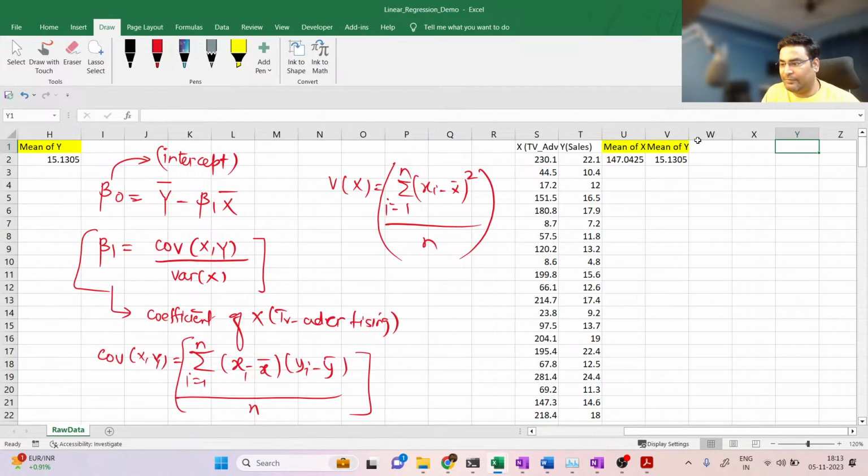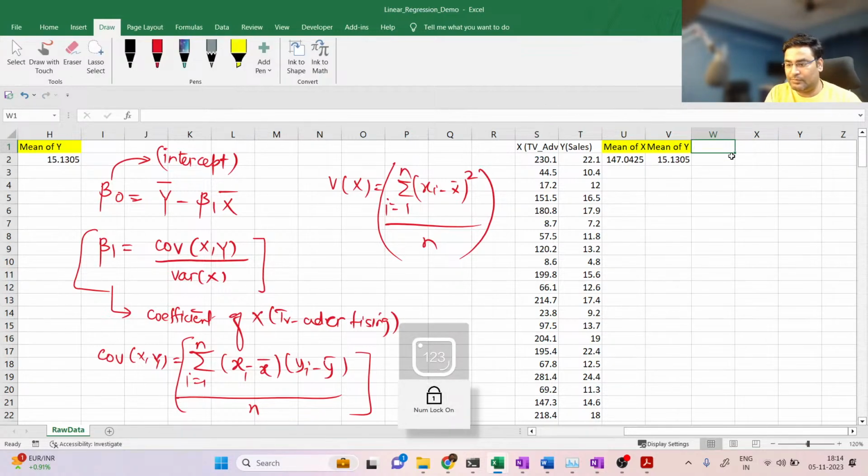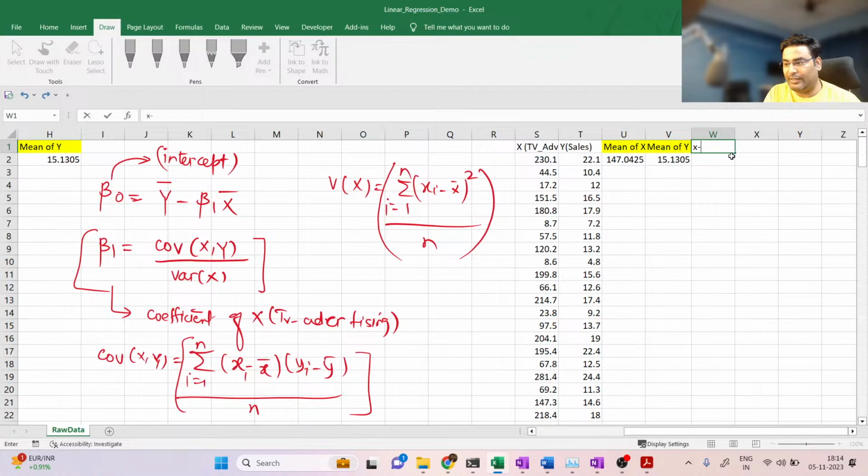Now you tell me what is going to be x minus x bar. So this is the mean of x, let's call it that. We will do this minus this, and you have to freeze the range in terms of Excel. Perfect. And do it.